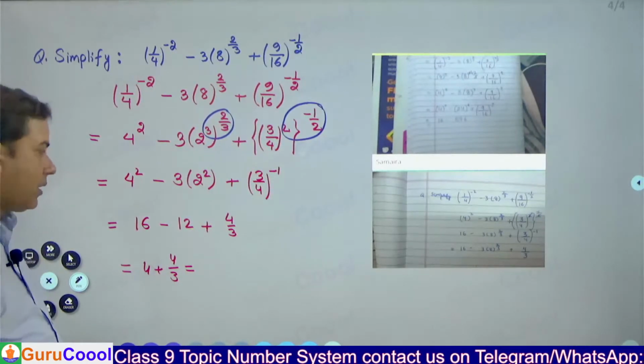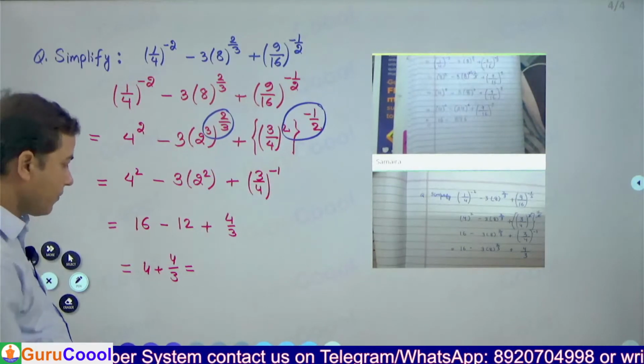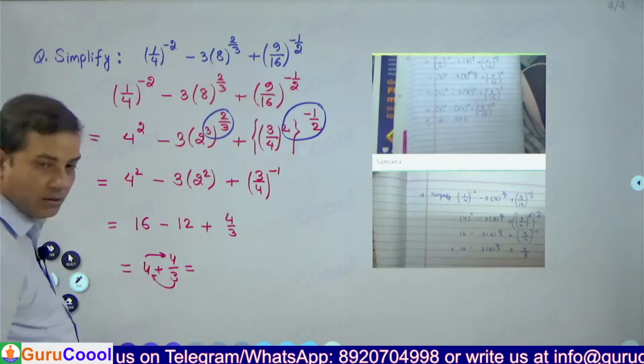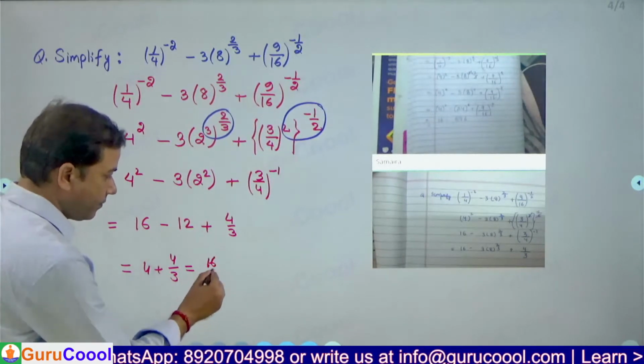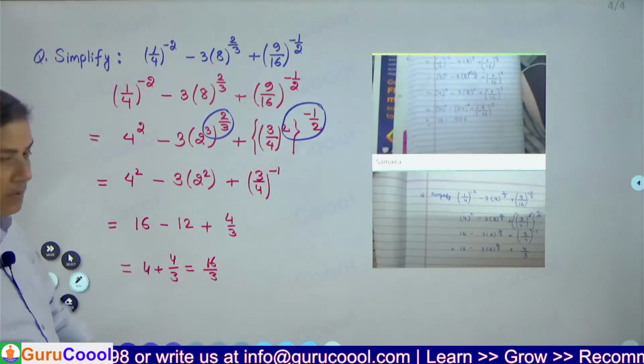You want to take LCM? That's good, you can. 3 4s are 12, 12 plus 4, 16 by 3. It's 16 by 3. Done. You can leave it here, or you can write a mixed fraction for it.